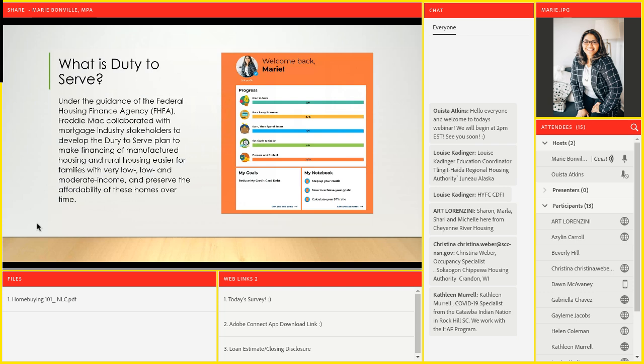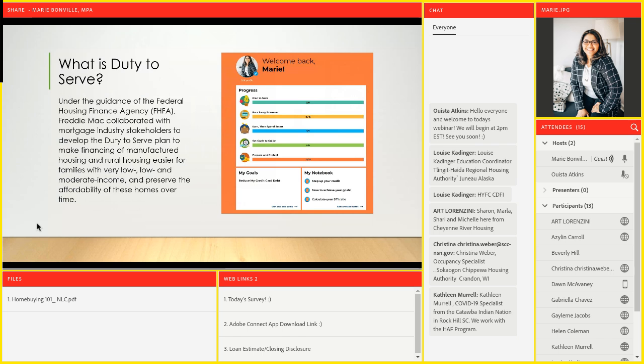So for example, duty to serve is something that the FHFA, right, the Federal Housing Finance Agency, along with Freddie and Fannie, after 2008, there was this real push towards making sure that we made homeownership equitable. And what does that mean? It means bringing all the stakeholders together and basically saying, what's your duty to serve certain communities, and do what?